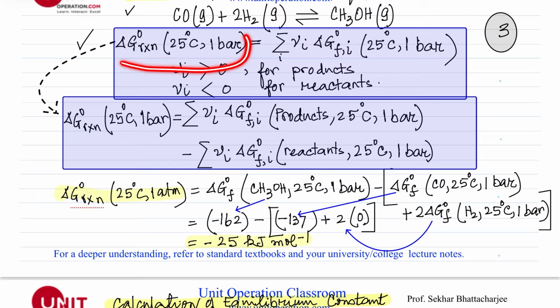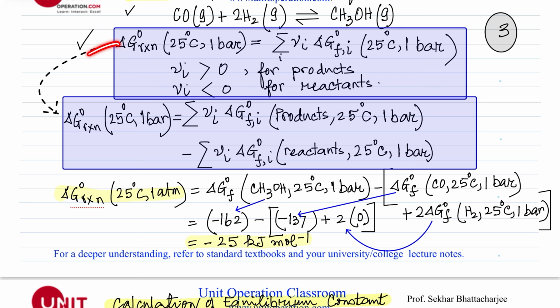The standard Gibbs energy of reaction at 298 Kelvin and 1 bar is given by this equation, where nu are the stoichiometric coefficients, and these are the Gibbs energies of formation at standard state. And remember, the stoichiometric coefficients are positive for products and negative for reactants.